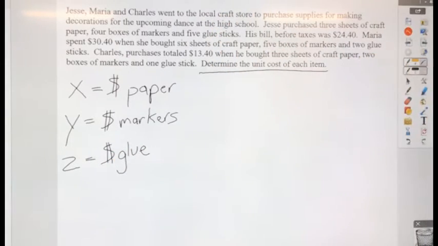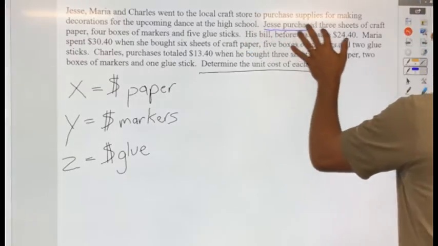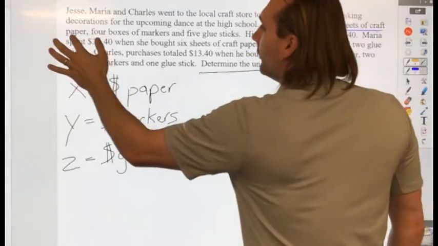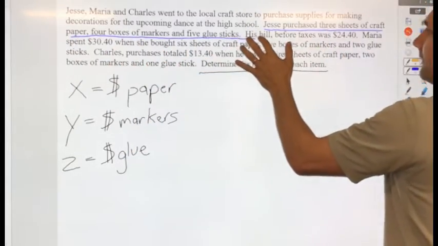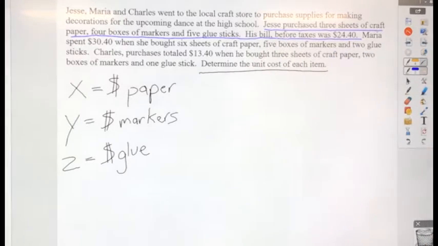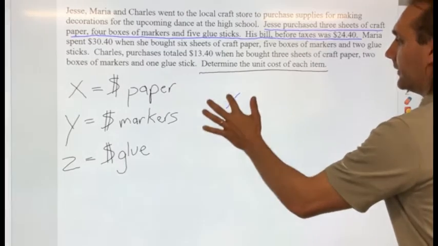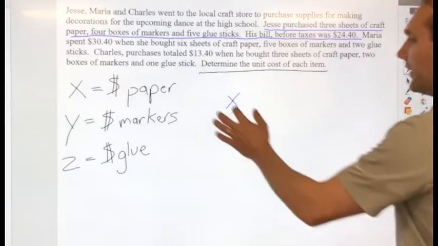So now that I identify my variables, let's write equations based on these variables. So looking at my first sentence with information: Jesse purchased 3 sheets of paper, 4 boxes of markers, and 5 glue sticks for $24.40. What will that equation look like? So if X is paper, he bought 3 papers.